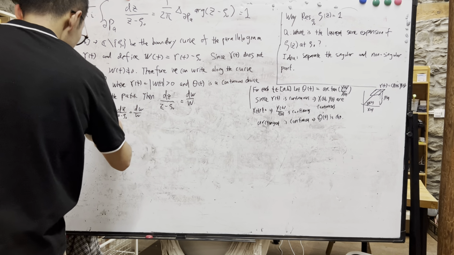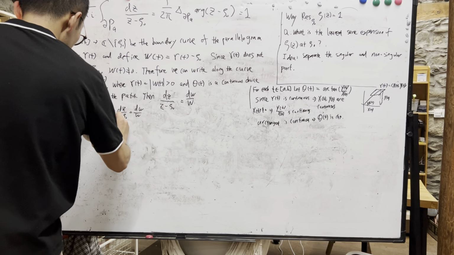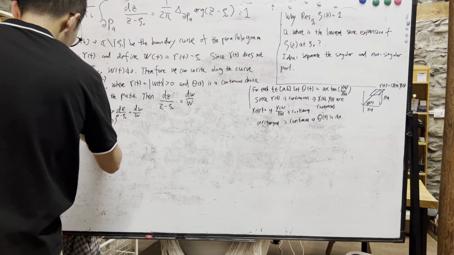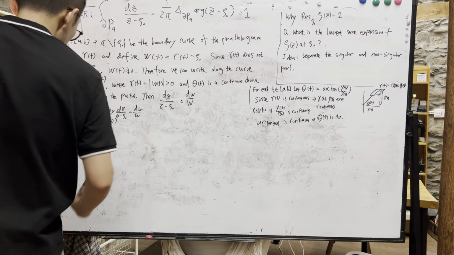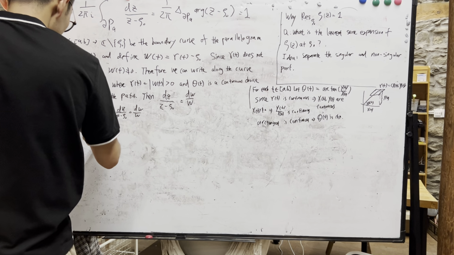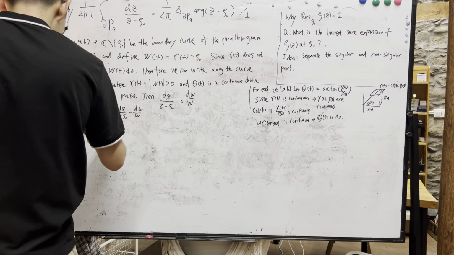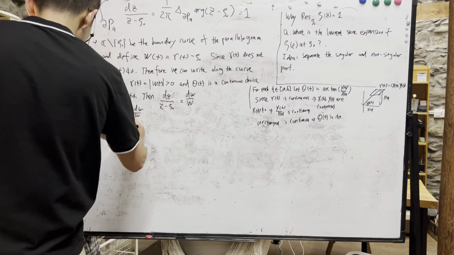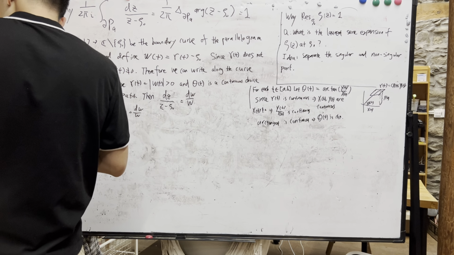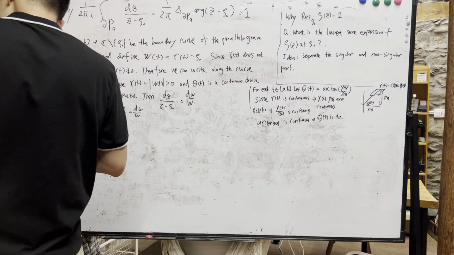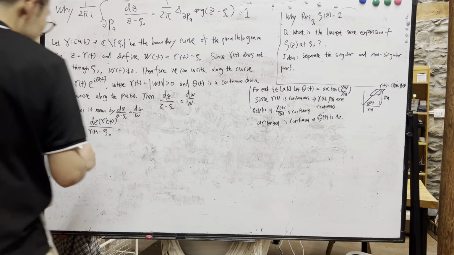dz at gamma t over gamma t minus zeta naught. So this is equal to exactly gamma prime t.